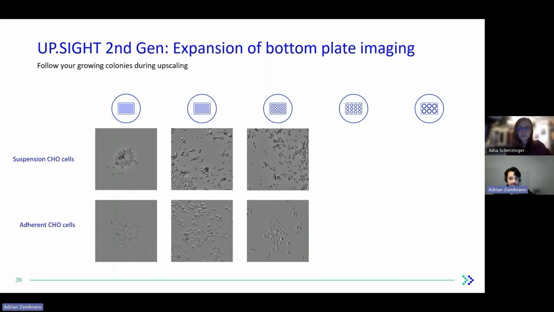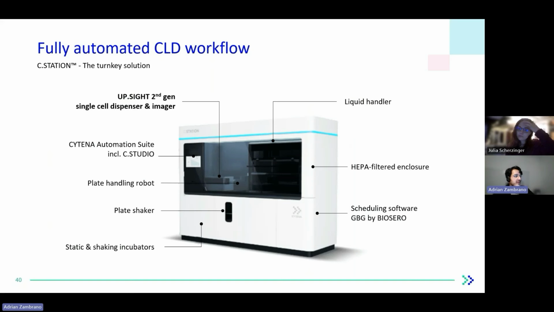Another great aspect of the Up.Sight second generation, which you might have become somewhat familiar with this year, is its integration into a fully automated cell line development workflow. And here you have what we call the C Station, right? This is one picture of it and how it could look for you and what it contains.